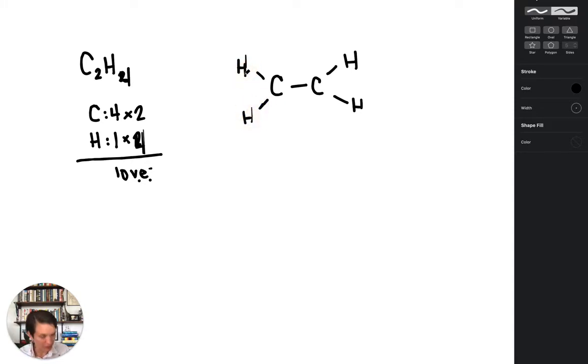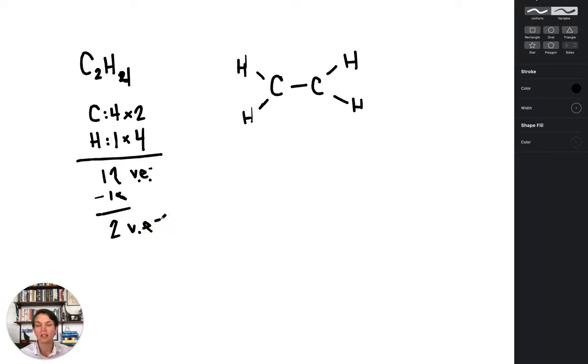So that means that we don't have, hold on, let me get rid of this. So C2H4, so this would be 4. So we have 12 valence electrons. So we've used 2, 4, 6, 8, 10, which means that we have 2 valence electrons left.